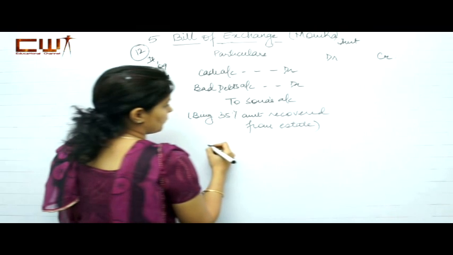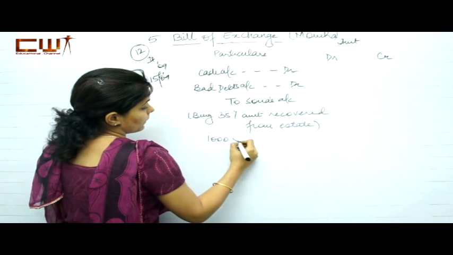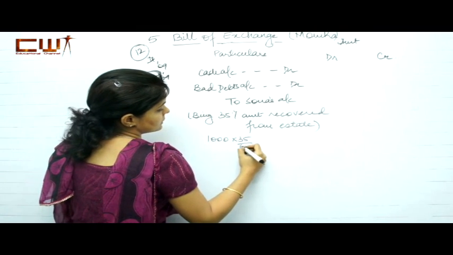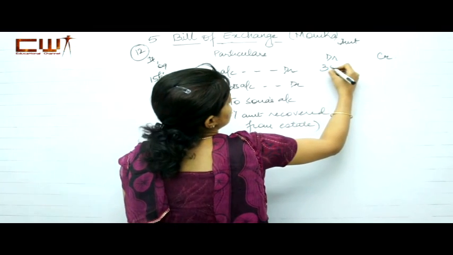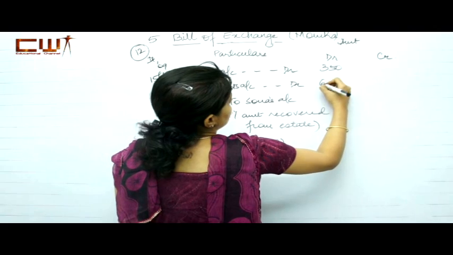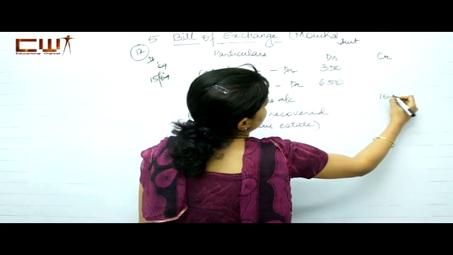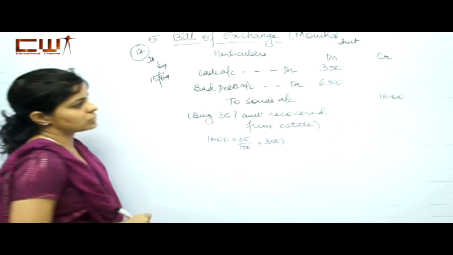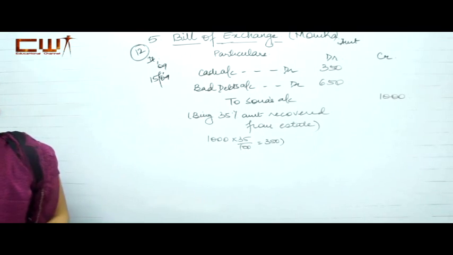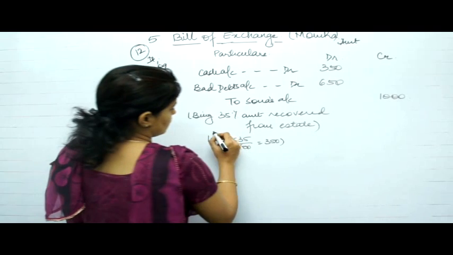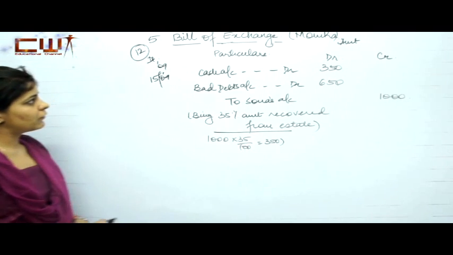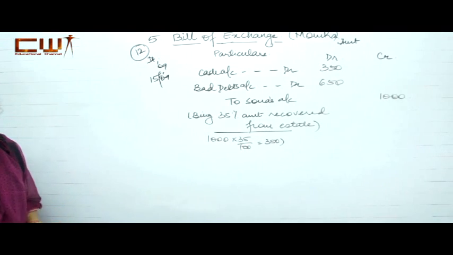So how will that 35% come? 1,000 into 35% is how much? 350. So 350 is cash. 650 has gone bad. Total you are entitled to receive 1,000. Alright. This is the 12th numerical of your textbooks, and you have completed the chapter of Bill of Exchange.